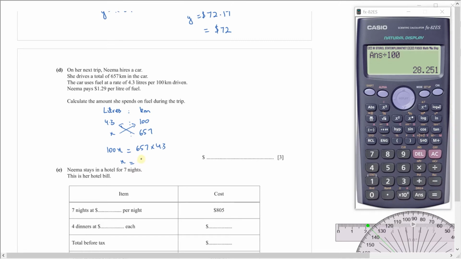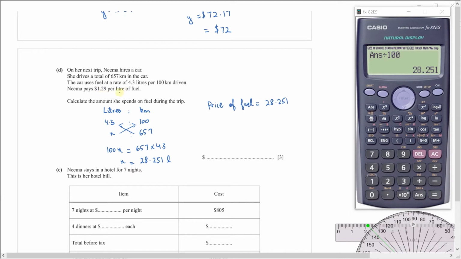So this is 28.251 liters. So this is the fuel consumed by Nima when she drove 657 kilometers. So the cost of fuel will be 28.251 liters, and her cost per liter is $1.29.